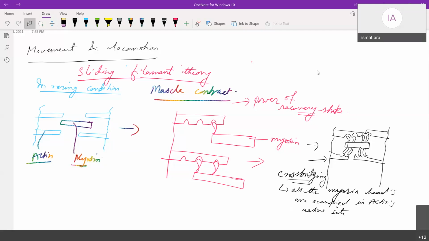Now one ion plays a very important role here. What is the name of that ion? Calcium. That ion is the calcium ion. Calcium ions play a very important role in muscle contraction.